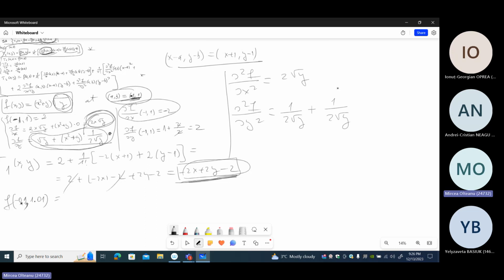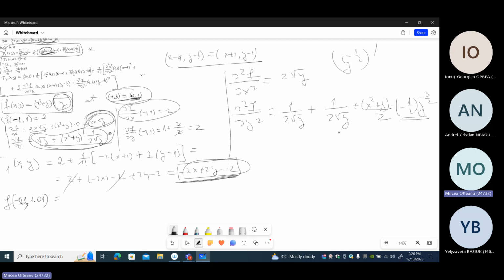We differentiate as a product, plus (x squared plus y) times, now the derivative of 1 over square root of y. You can differentiate it as a power. It is y to the power -1 over 2, differentiate it. It is -1 over 2 times y to the power -3 over 2. Yes, the derivative of y to the power -1 over 2.